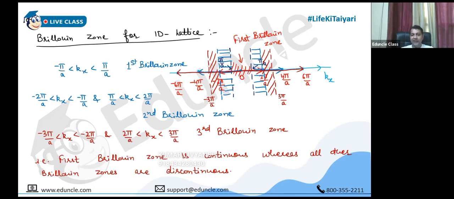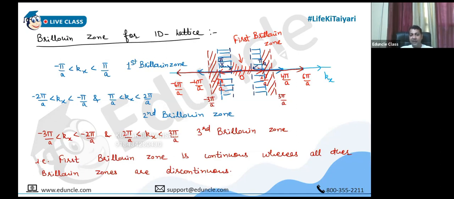Here each of them has the width 2 pi by a if you calculate. Here you are right that they are of equal width. And in a 2D square lattice also, they will be of equal area. But if it is a rectangular lattice, then of course it will differ. In a real lattice it may also be different. Okay? Clear?